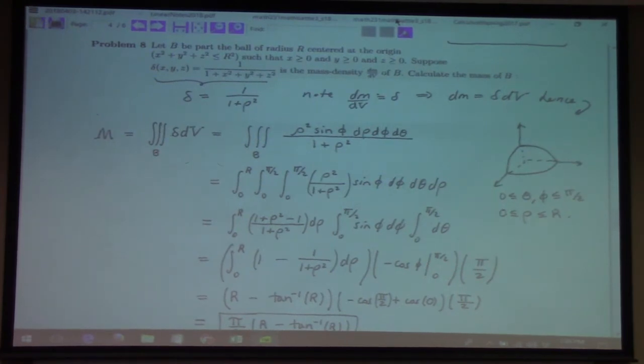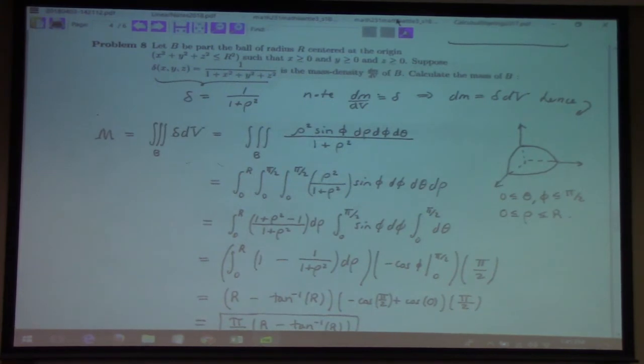That's no fun. Where is the center of mass, though, guys? Can you tell me? It is at 0, 0, 0. Very good. Has to be, because the mass density is just a function of the radius. So everything else being equal, there's no preferred point on the ball except for the origin. By symmetry alone, we can see the center of mass would be the origin. So that's why I didn't ask that. I just wanted to calculate the mass.